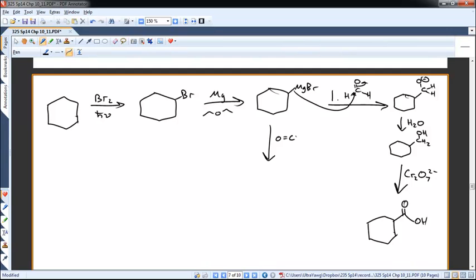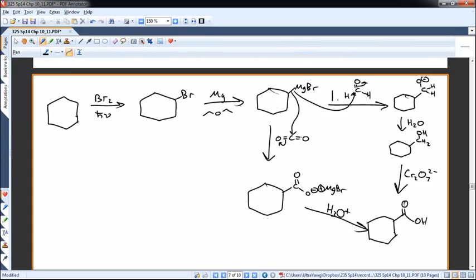You can literally take carbon dioxide gas, bubble it through the liquid solution containing your Grignard, and you get the carboxylate anion. Then you just have to add a little bit of acid. Water's not good enough in this case. A little bit of acid to protonate it, and you get your product. So two approaches, either one will work.